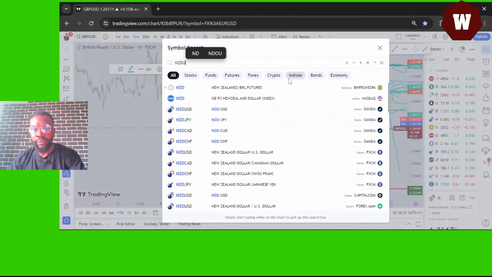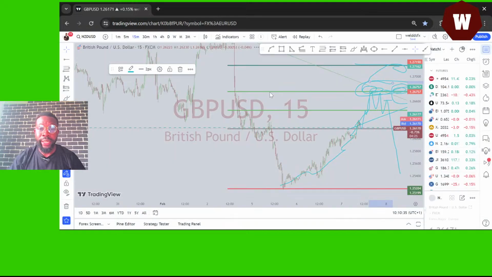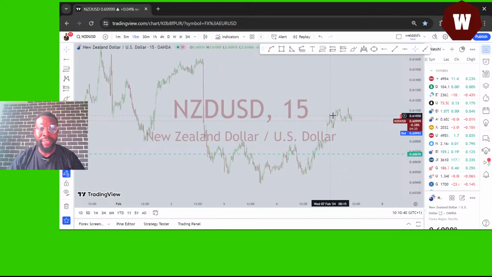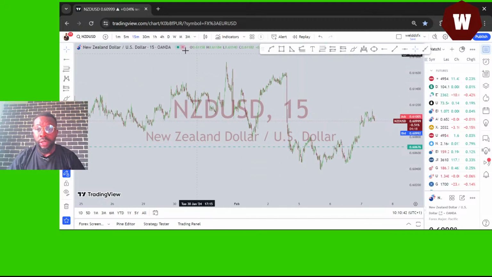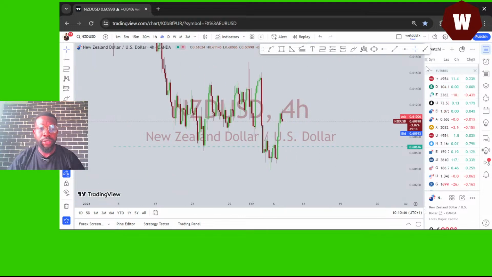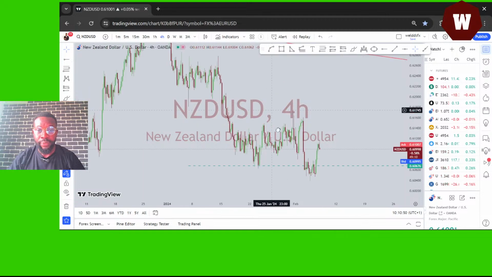NZDUSD, the New Zealand dollar against the United States dollar. Okay, this currency, if you go to 4-hour time frame, the price action is almost like that of the US dollar.